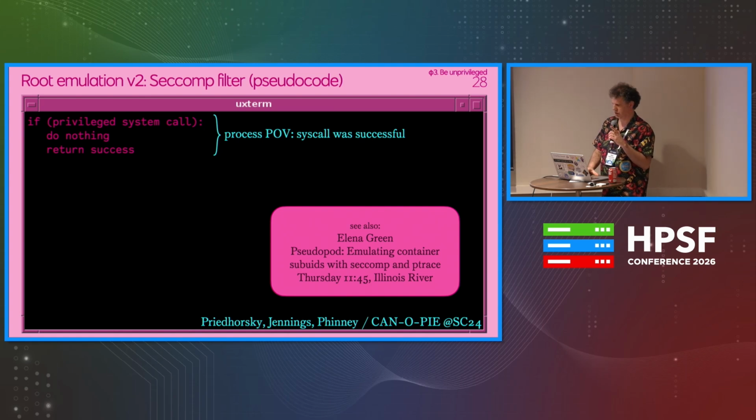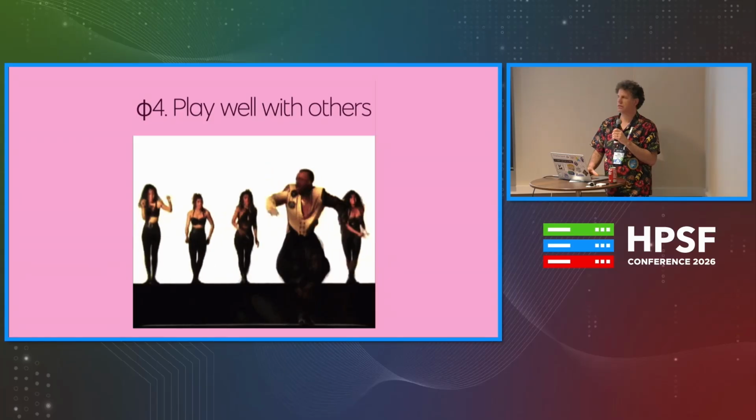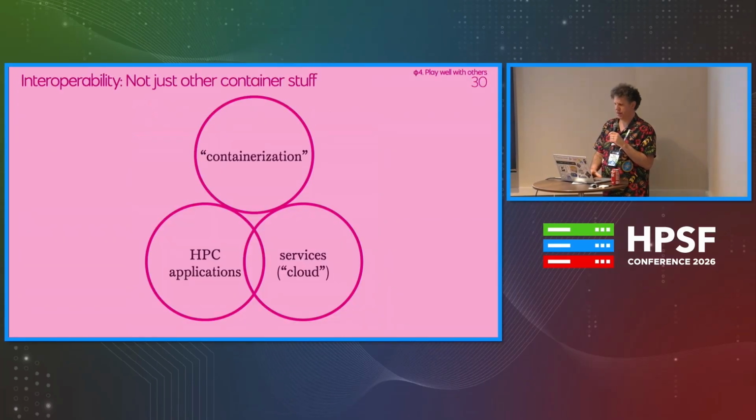She's really smart. All right, play well with others. Fourth piece of a philosophy, right? So thinking about compatibility and interoperability, in my view, there's more to it than just do the container things, right? There's other pieces that we care about, specifically, the science applications.